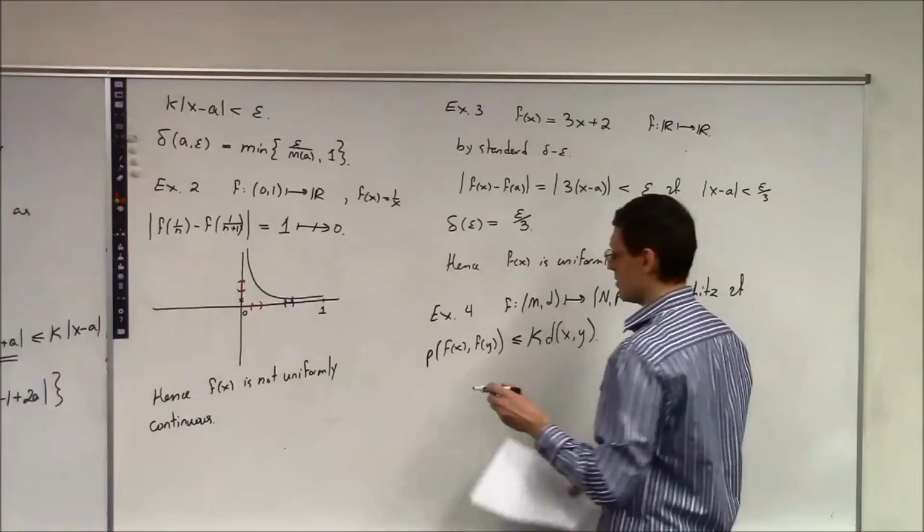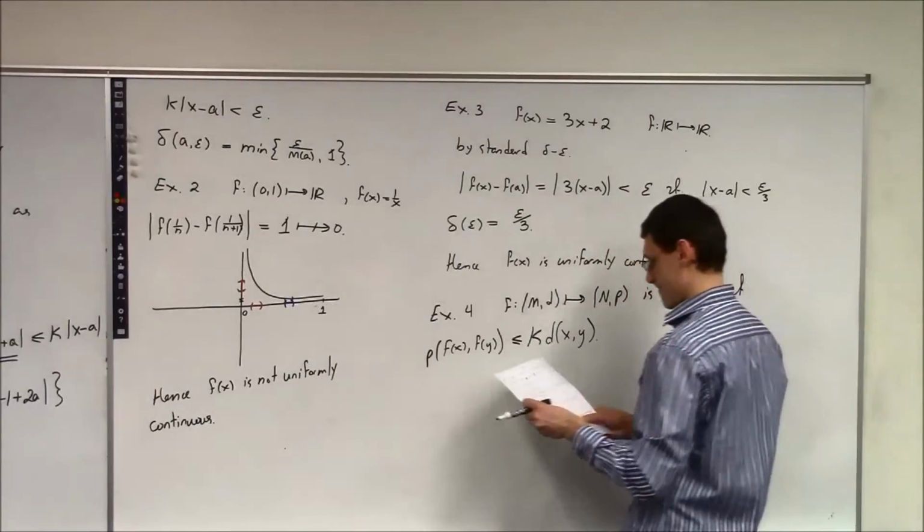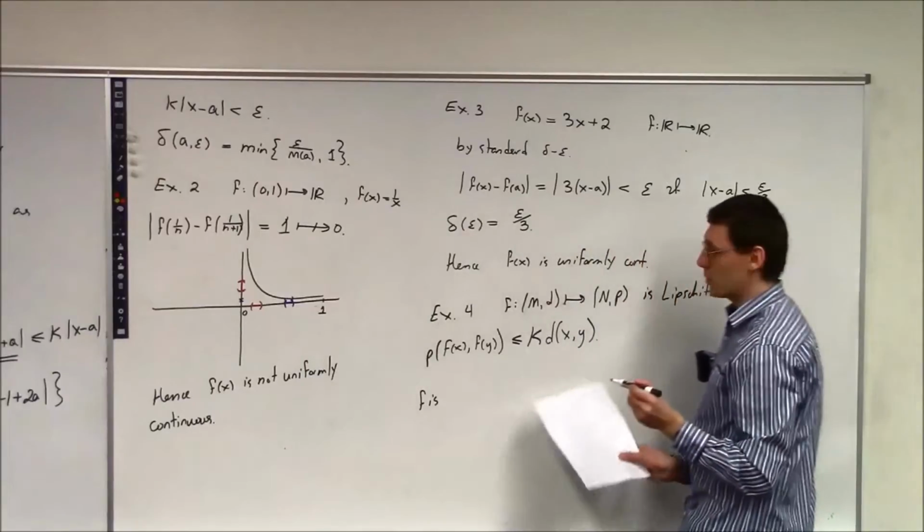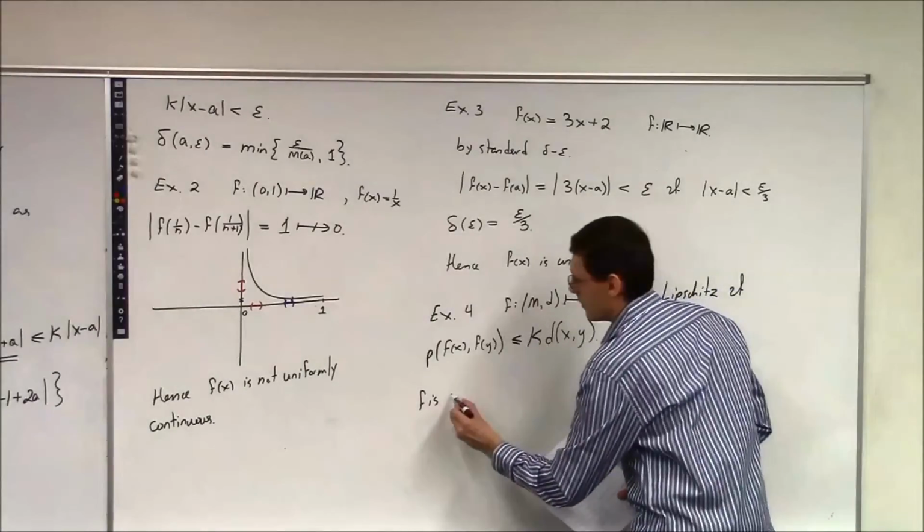So this function is uniformly continuous. It's actually stronger than uniformly continuous, right?